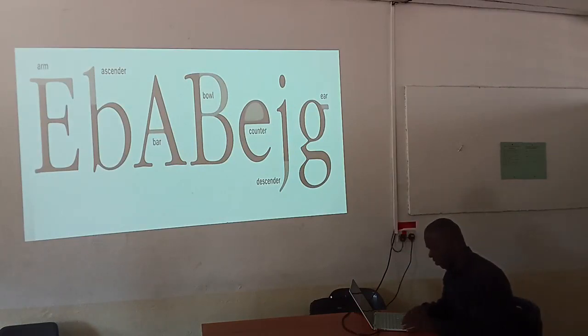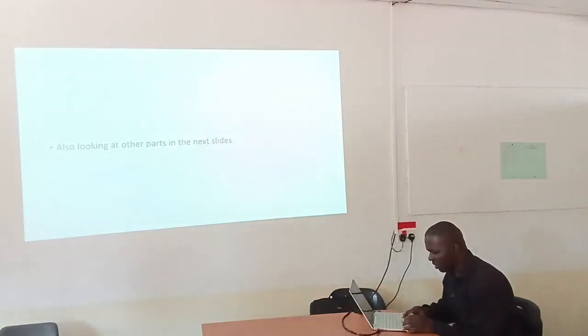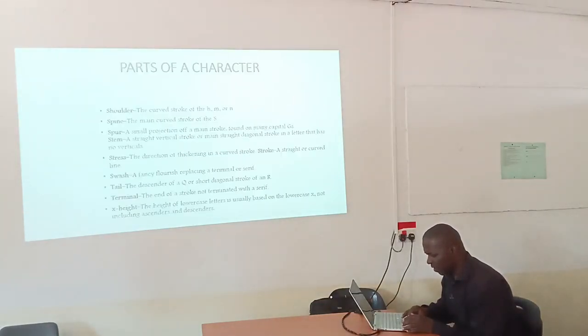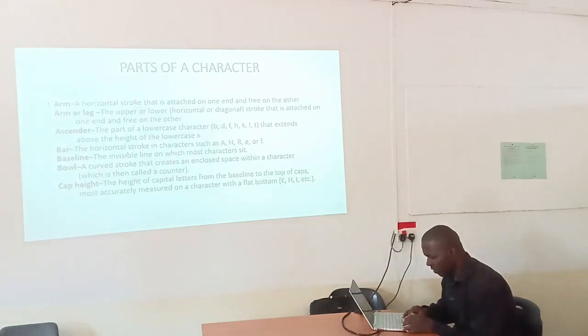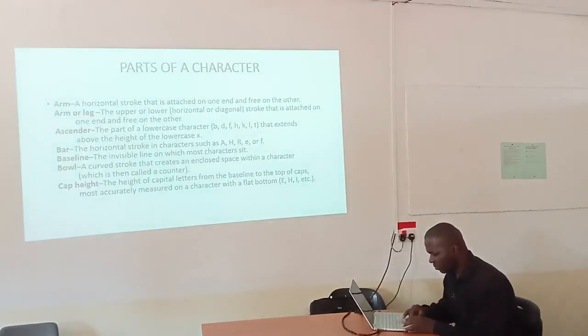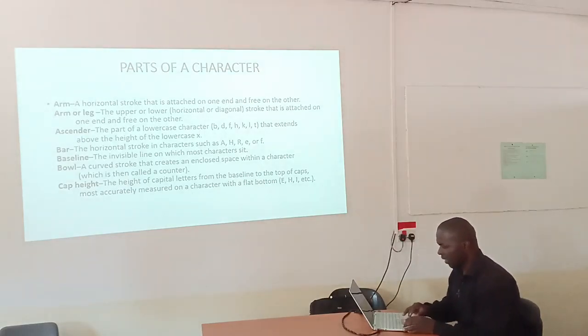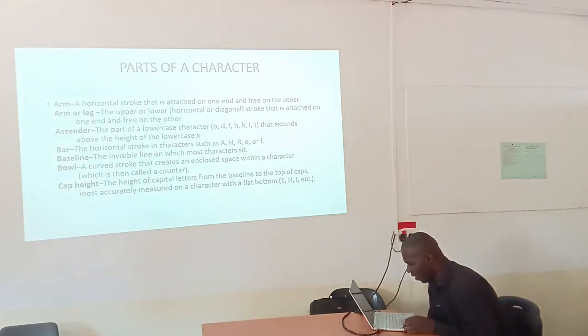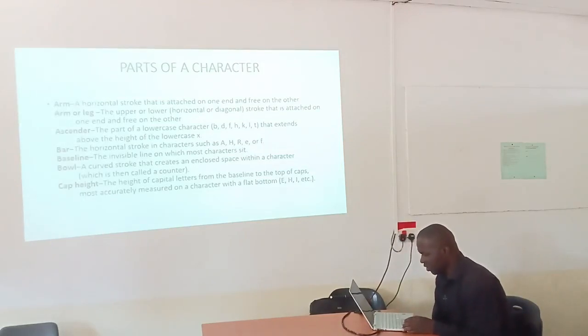Let's see how they define a bar. Okay, so a bar is the horizontal stroke in characters such as A, H, R, E. So when you say horizontal stroke, right?